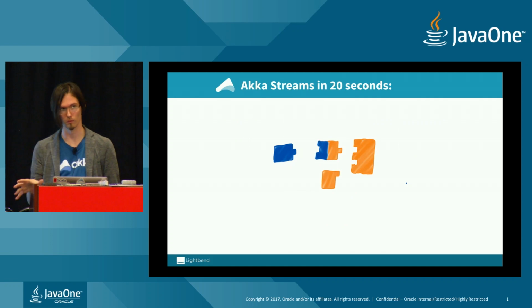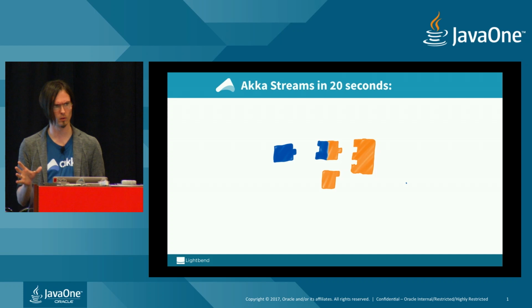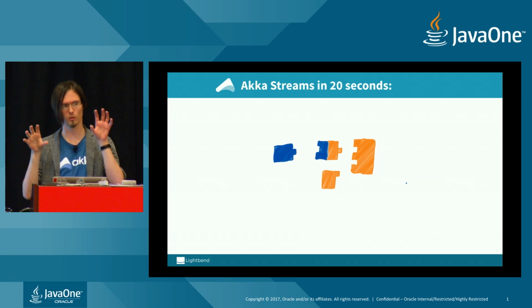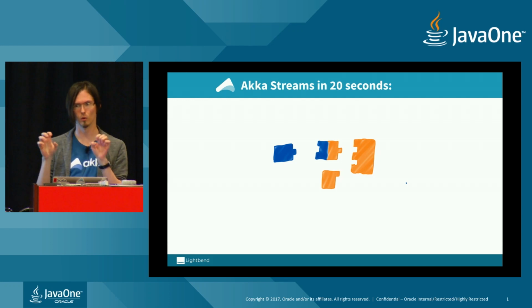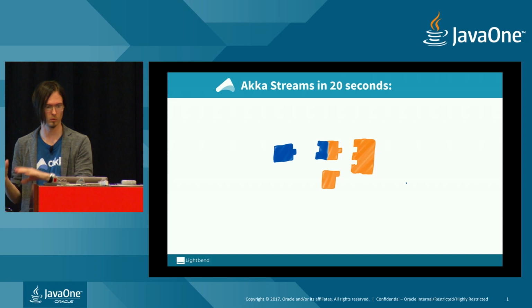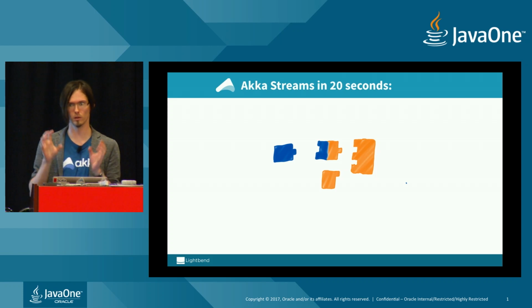Okay, so that's, I think, the last talk about Akka Streams at all. I just wanted to explain the building blocks we have, so you think about it in terms of sinks and flows and sources, because the entire future of Reactive Streams and java.util.concurrent.Flow is in providing building blocks.